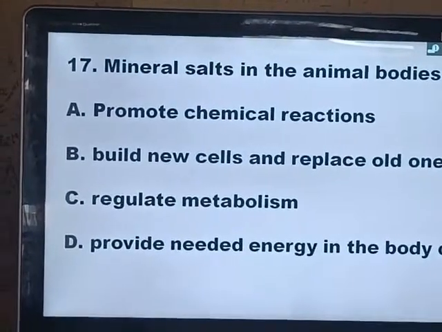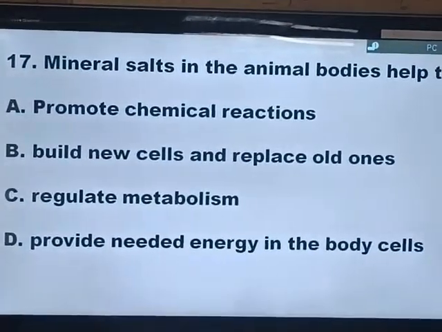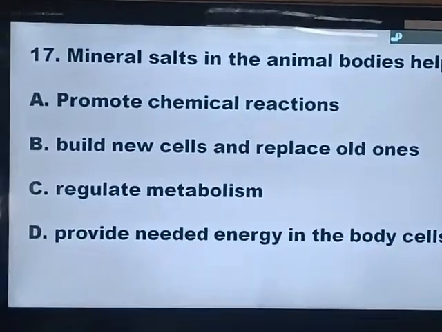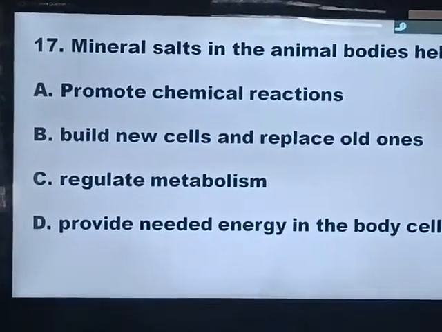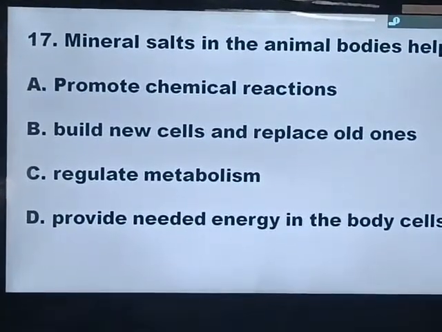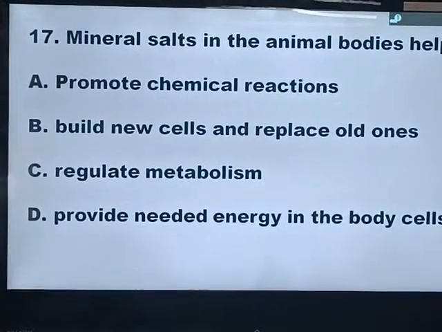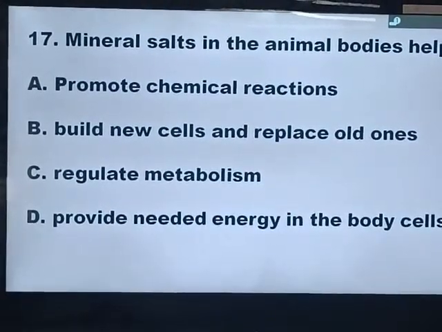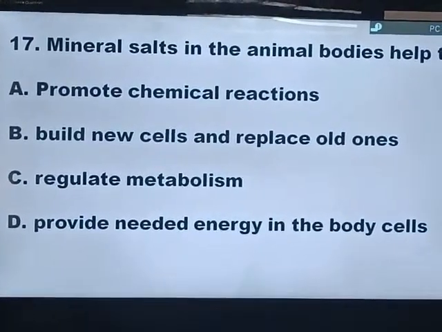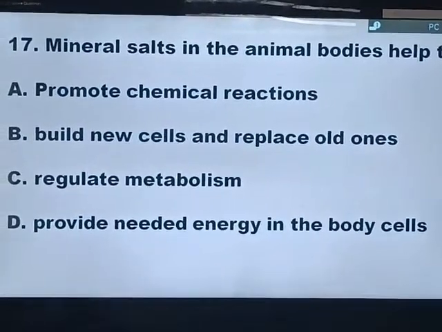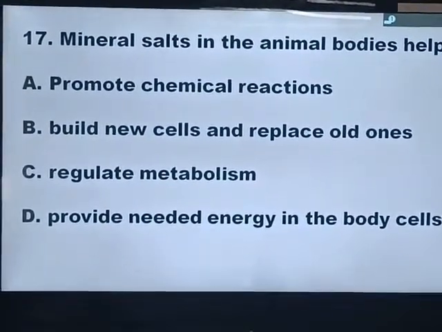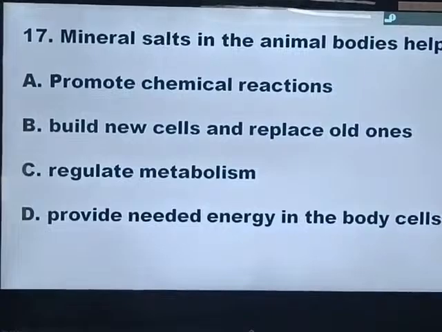Mineral salts in the animal bodies help to dash. Now, I was talking about mineral salts like iron, calcium, iodine, because mineral salts help the body in a lot of ways. Iron helps in maintaining a proper blood volume. That's why if iron is deficient, as you can see in the previous question, it can cause anemia.